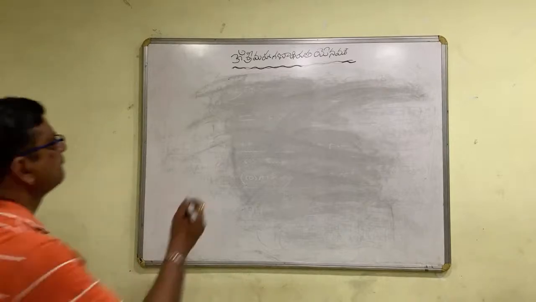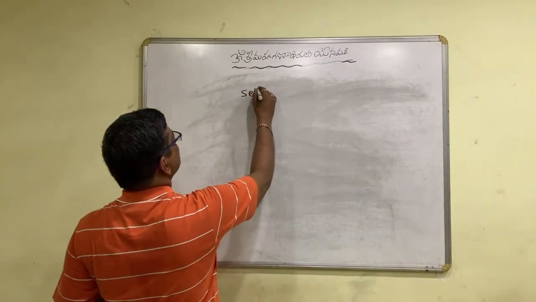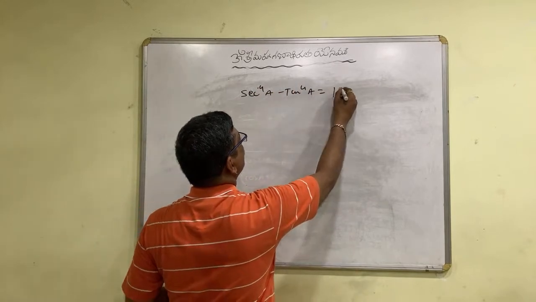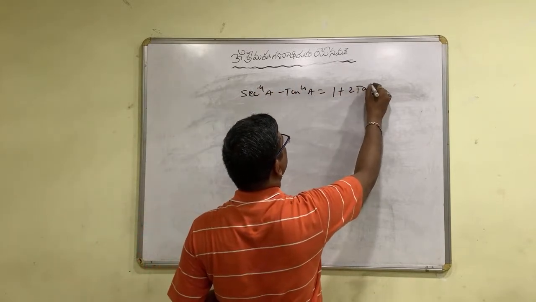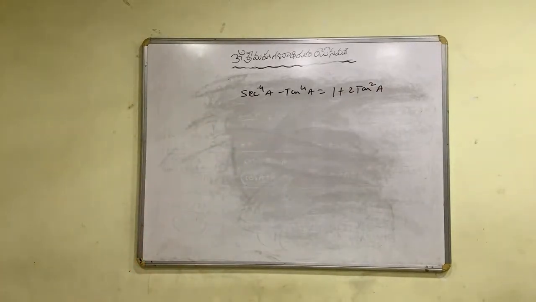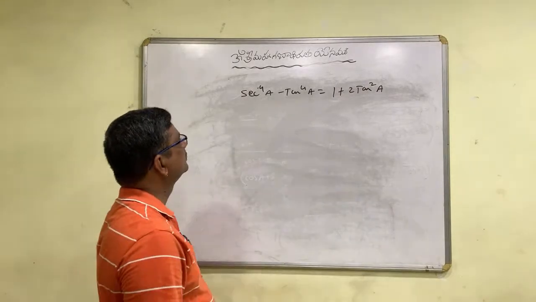Problem number 7. Secant power 4a minus tan power 4a is equal to 1 plus 2 tan square a. This is the answer we need to prove. How to do this?